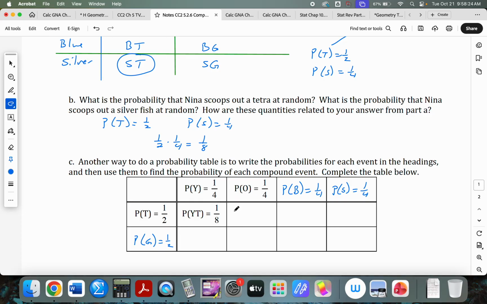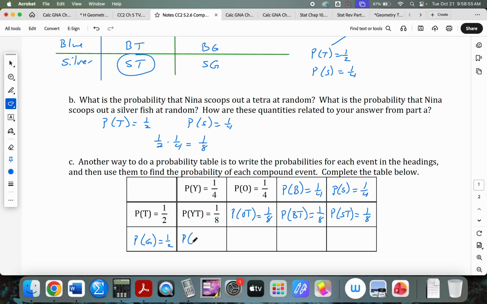So like here, the probability of an orange tetra, it's 1/8 because 1/4 times 1/2 is 1/8. The probability of getting a blue tetra, 1/4 times 1/2 is 1/8. The probability of getting a silver tetra is 1/4 times 1/2 is 1/8.